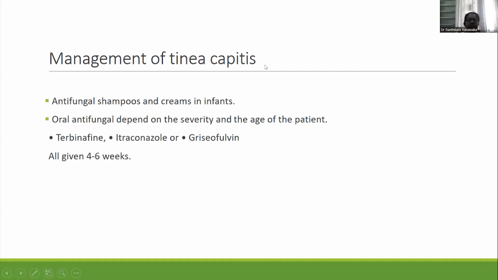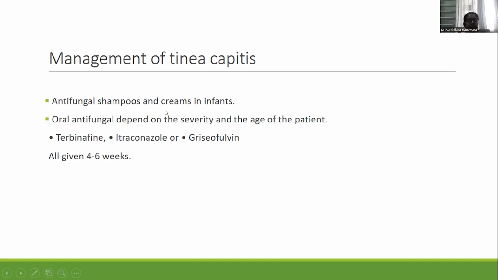So, management of tinea capitis. In infants, this tinea capitis is very common. We treat with antifungal shampoos during bathing and creams twice a day. That's all, right? They have to apply for about 1 month, 4 to 6 weeks.